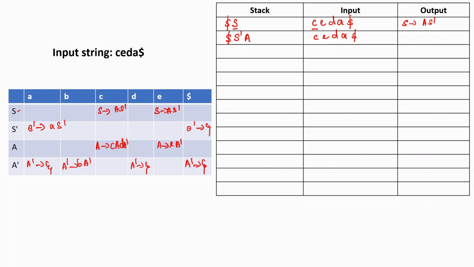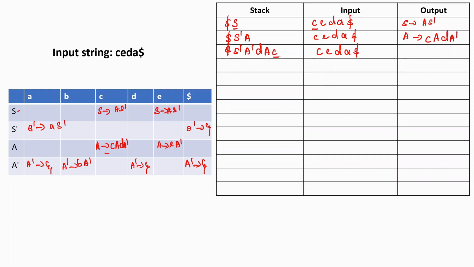Now we need to find the match of the non-terminal A with the input C in the parse table. This is the rule we have to apply: A → C A D A dash. Now push this in the reverse order: A dash D A C, then C E D A dollar symbol.